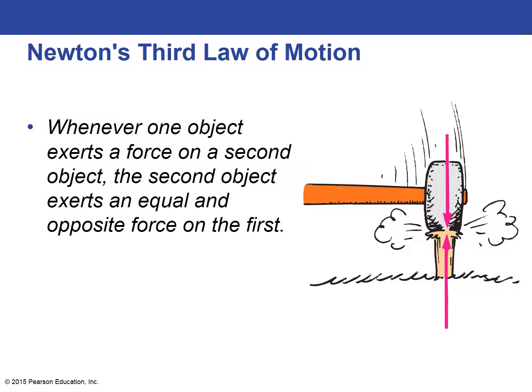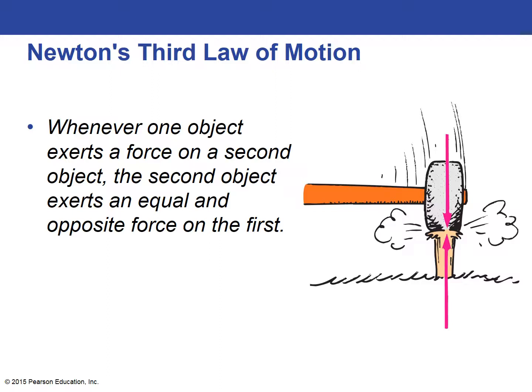Okay, on this slide, labeled Newton's third law of motion, we see an example of a hammer hitting a spike or nail into the ground. At the point of contact, or moment of impact, the sledgehammer is exerting a downward force on the nail or the spike, and at the same time, an equal and opposite force is applied onto the sledgehammer from the nail.